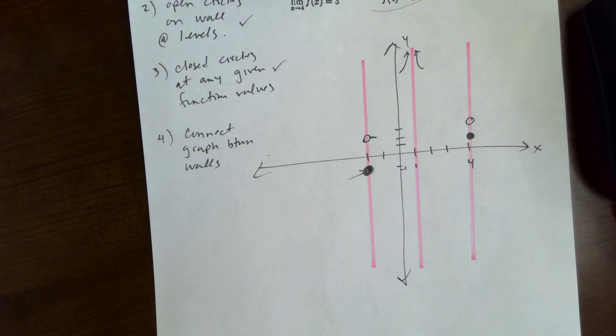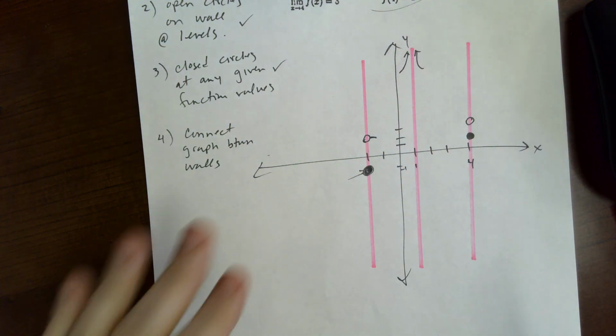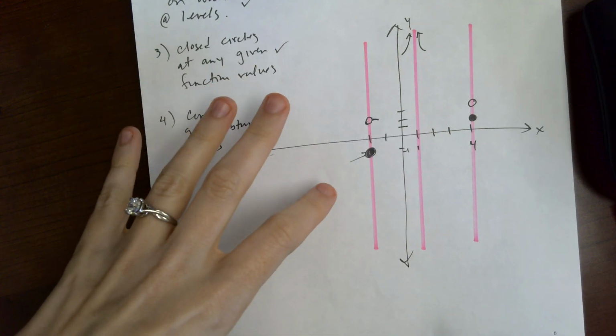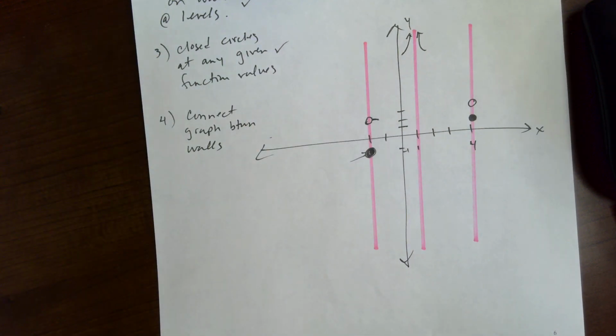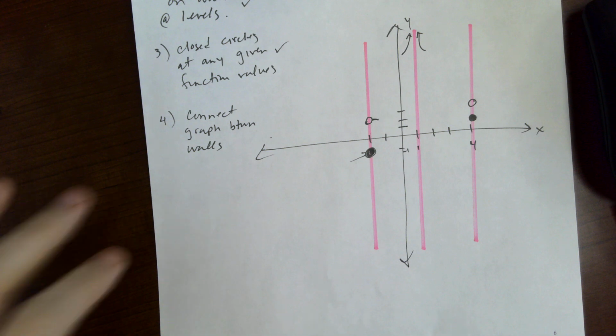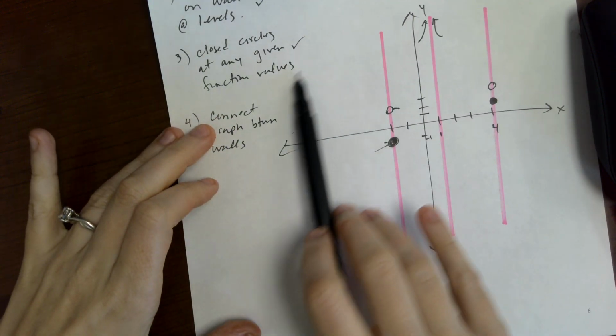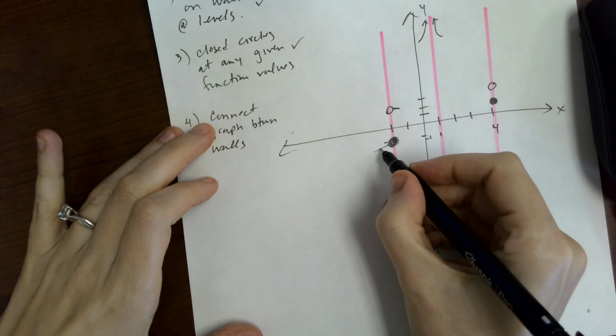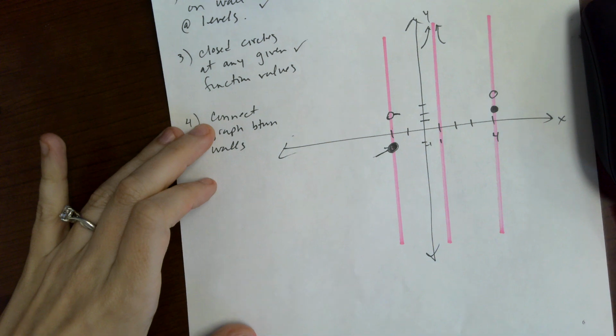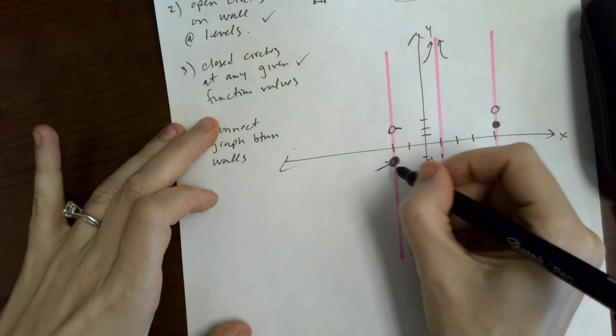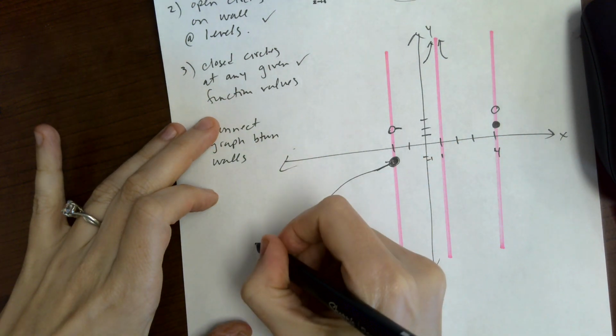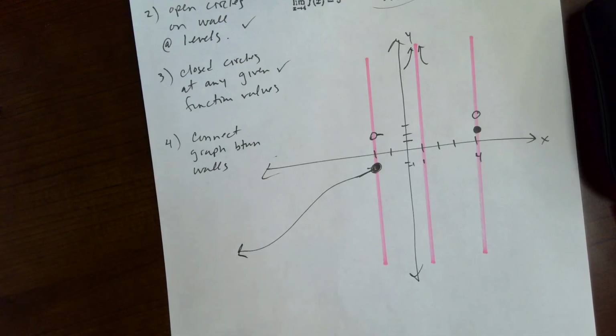So you're just going to be looking at one region at a time. You're not going to connect two parts of the graph if they're in separate regions. Okay, so in this first region, I know it looks like that close to the wall. So now just extend it through the region and do something creative.